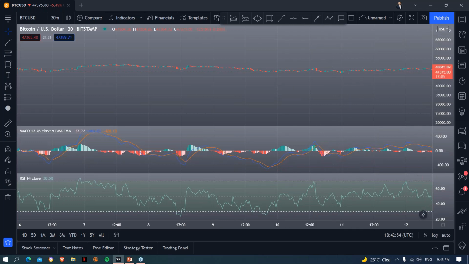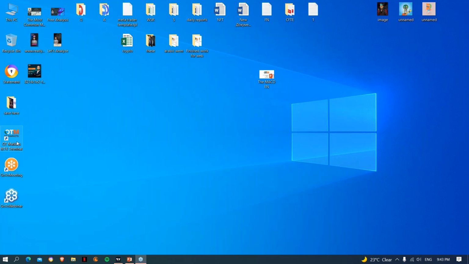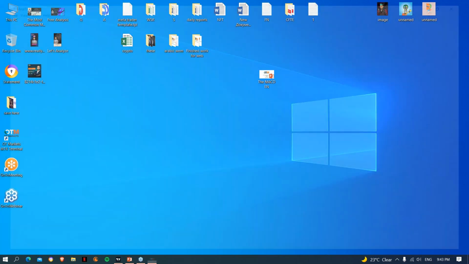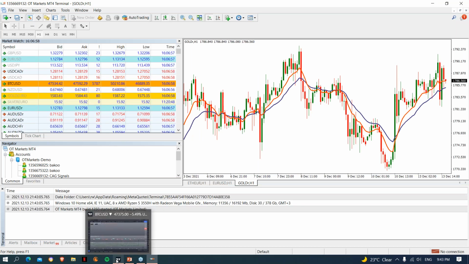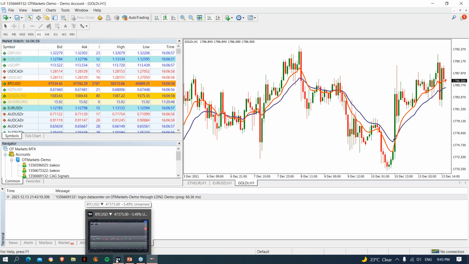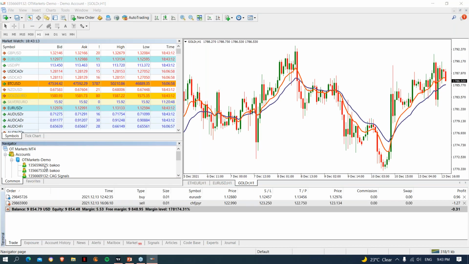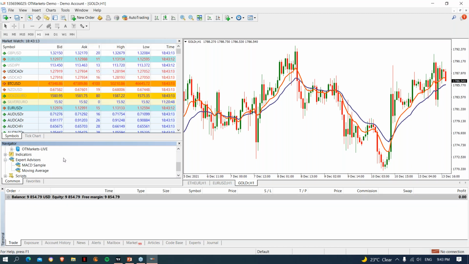So how do we set MACD on the trade platform? Sure. So this is our trading platform. You can always use TradingView, which is basically the analysis where you want to analyze. Sorry about this. Let's go to this one.